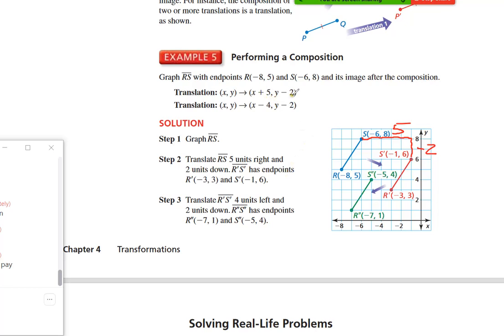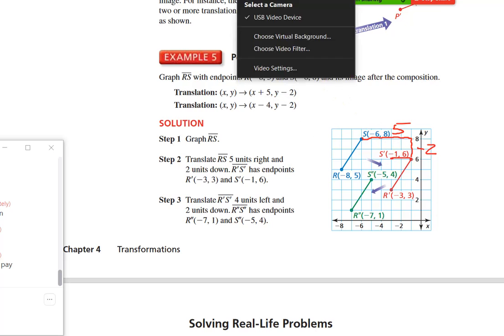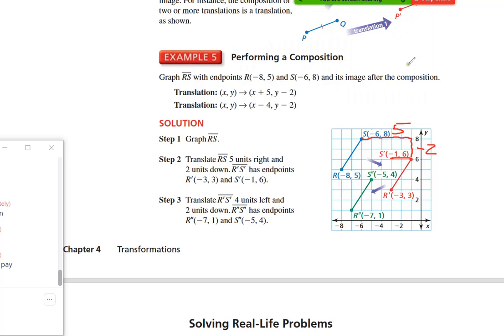There's the 5 and -2. And then to go from here to here, that's 1. I'm going to do a different color here just for emphasis. 1, 2, 3, 4, -2. So this is -4 and -2. That's what this is and this is. Those are the two translations.